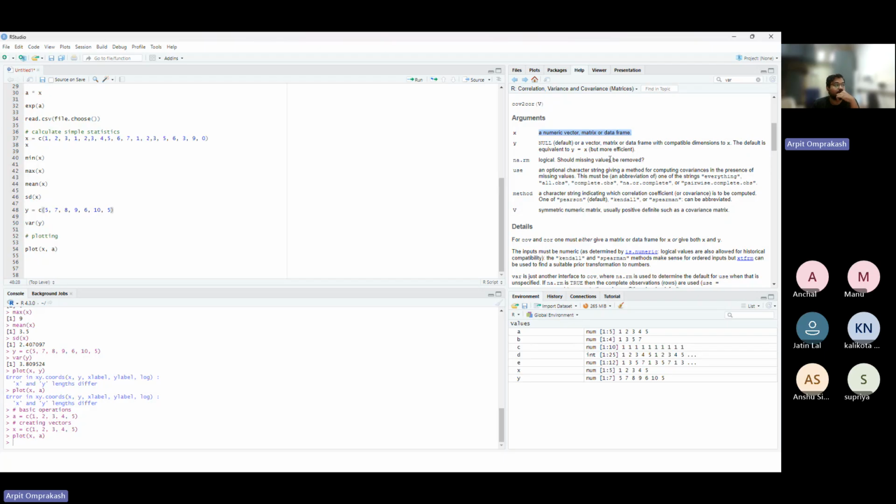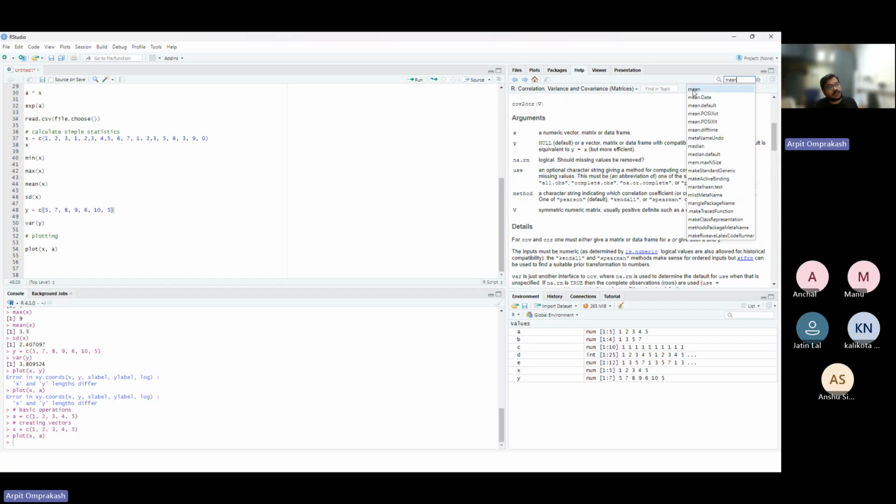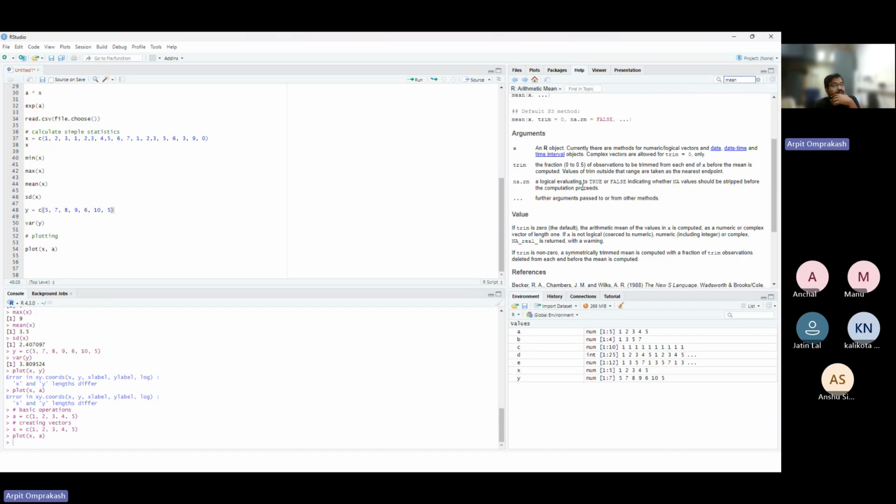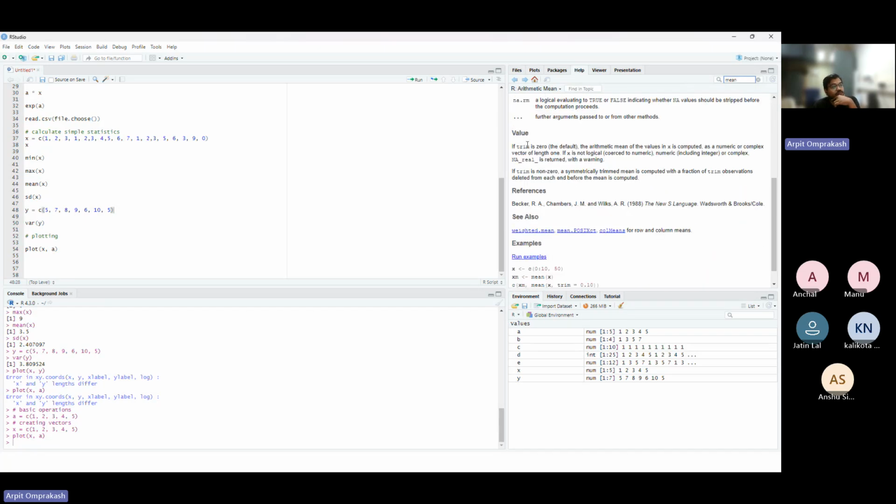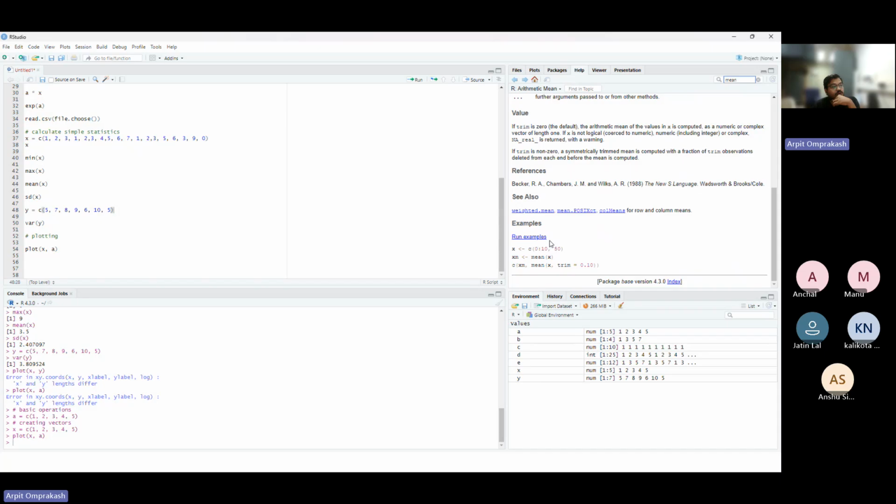Then should missing values be removed or not? Then use is what to use. And method: there are different methods of calculating the variance. What kind of method do you want to use and so on. So here you can type mean, you can type other functions and you can see how they are used, what arguments they take, what value they give, and what other functions are similar to it.